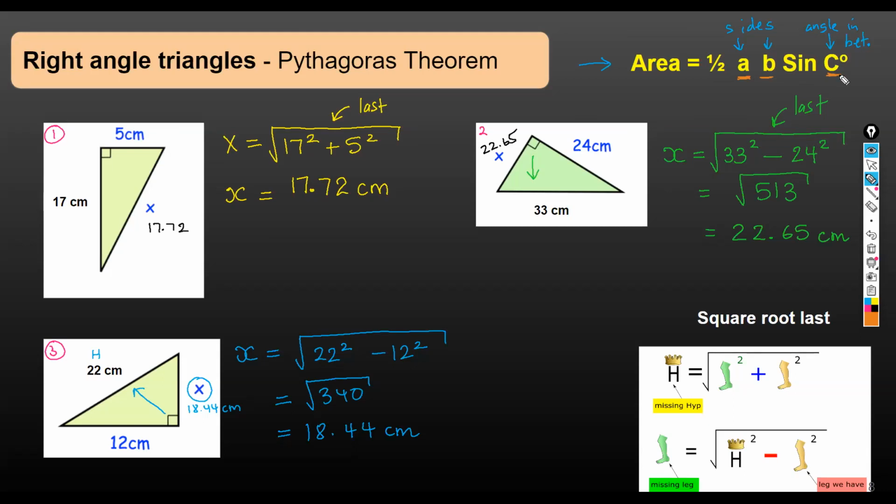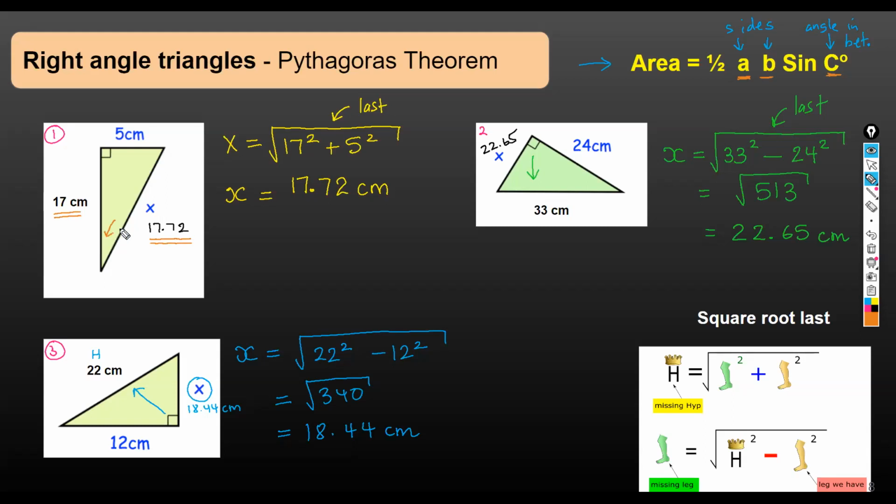So I'm going to do the wrong thing first, and I want you all to tell me why it's wrong. If I choose 17 and 17.72, so I ignore the 5 centimeters, can I find the area of that triangle? The answer is no. But why? People are sending the answers quickly on the chat already. The reason is, if I choose 17 and 17.72, do I have the angle in between those 2 sides?